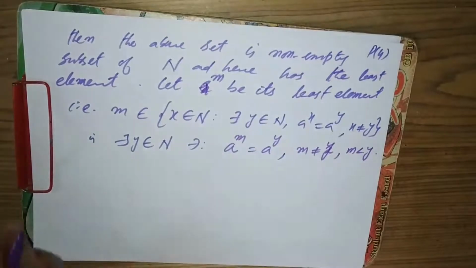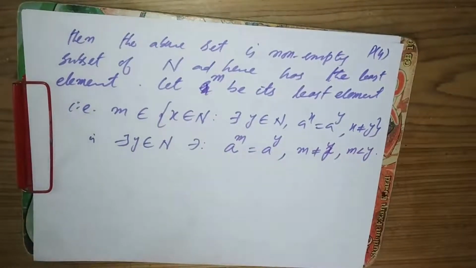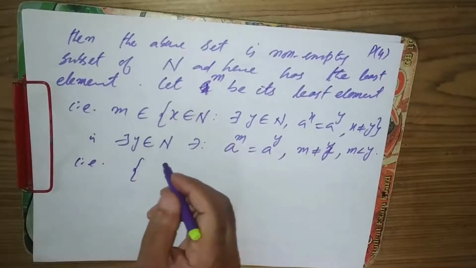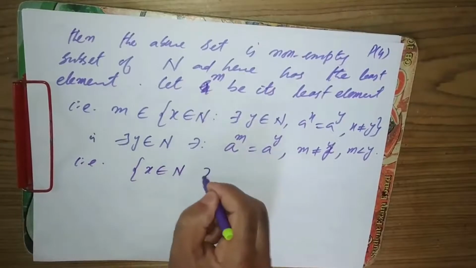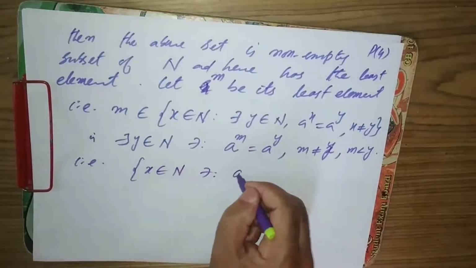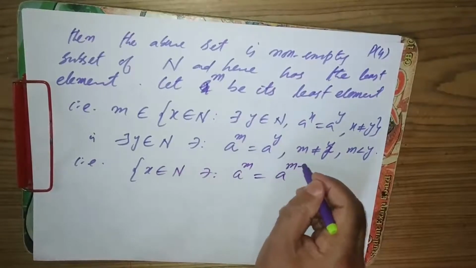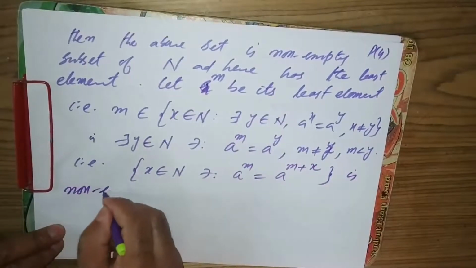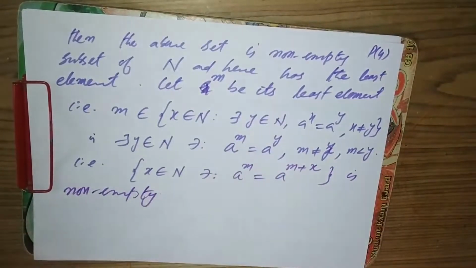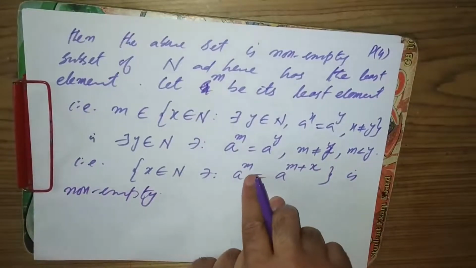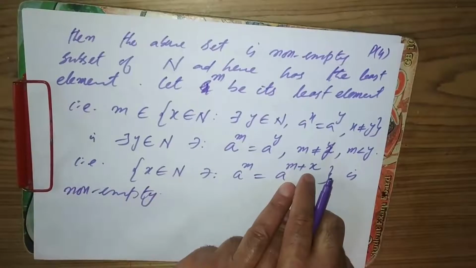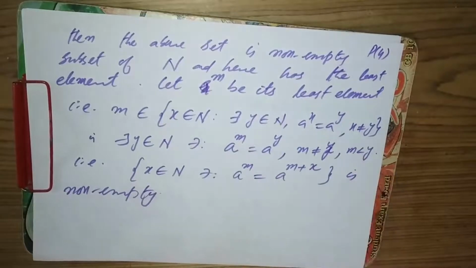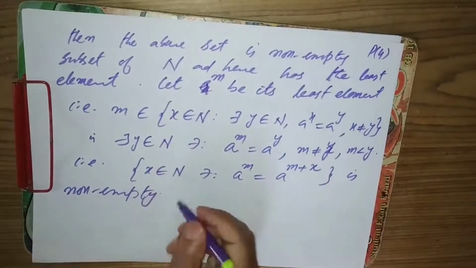So the set of X belonging to N such that a power M is equal to a power M plus X is non-empty, because there is some element greater than M, say M plus X, such that a power M is equal to a power M plus X. There is Y such that a power M is equal to a power Y, where this Y is greater than M. It's M plus some integer.